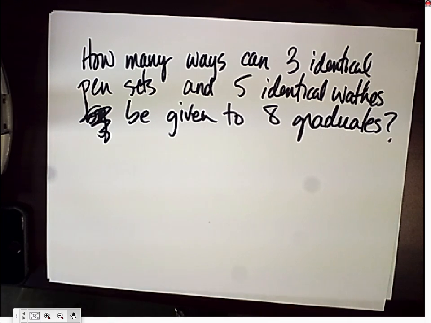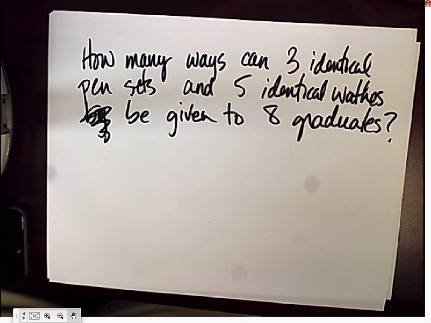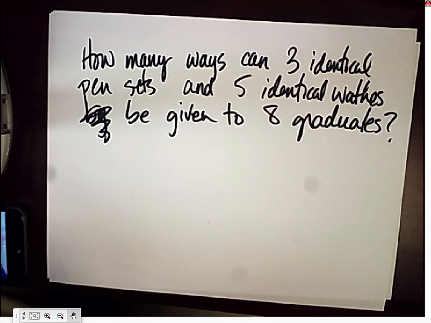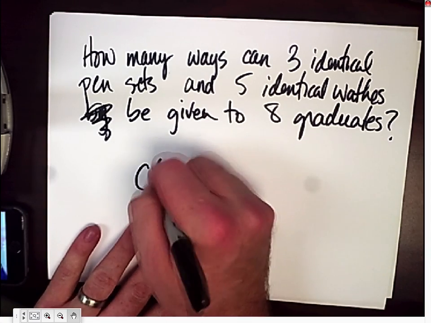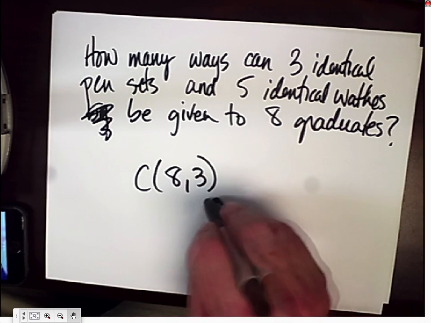Because when you give out those 3 pens, it's just like we were doing. When you pick 3, you're also picking the 5 people who got left out. And the 5 people who got left out get the watches. Right? So this is really just how many different combinations of 3 people could get a pen?